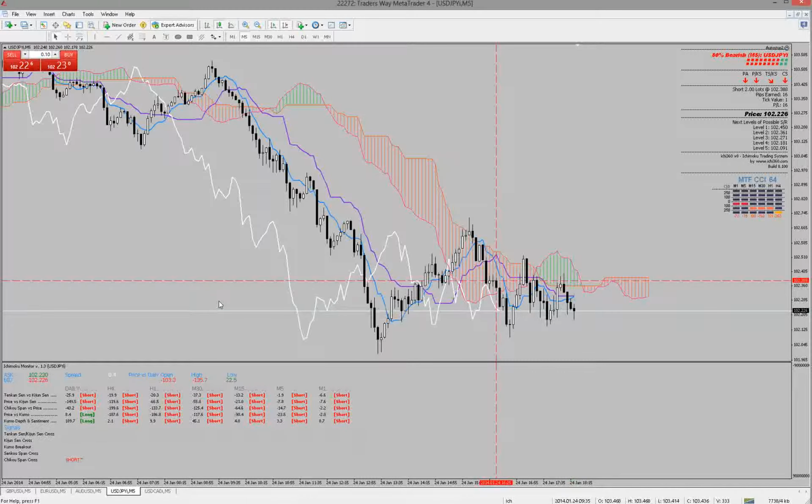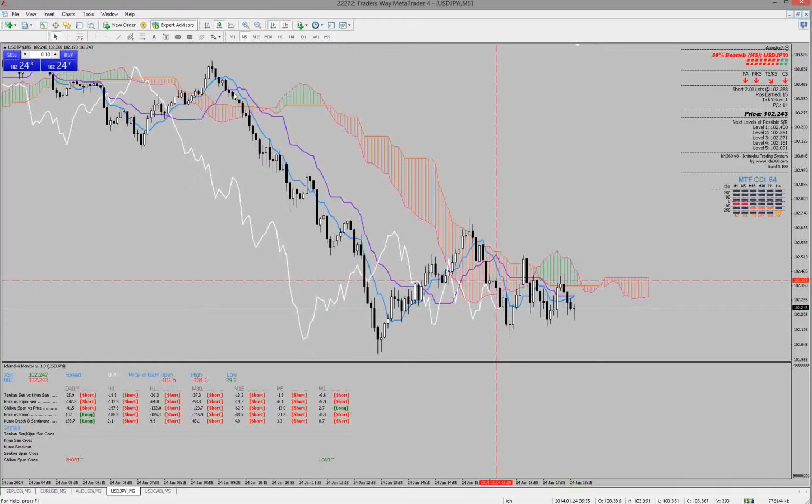So the first one I had is, what am I looking for in an entry? I'll be reviewing a little bit as we do this, but if we look at this chart here, this is USD JPY. It had a heavy trend, but how would you know when to get into it? The crossover that we'd look for was right here.